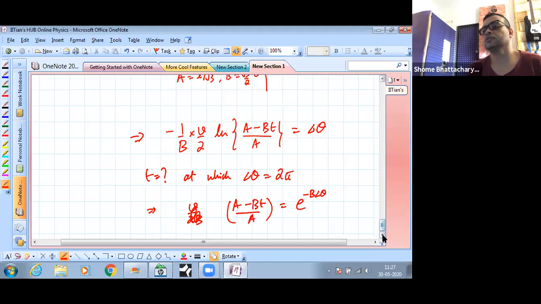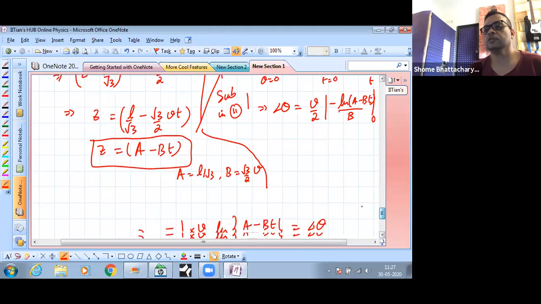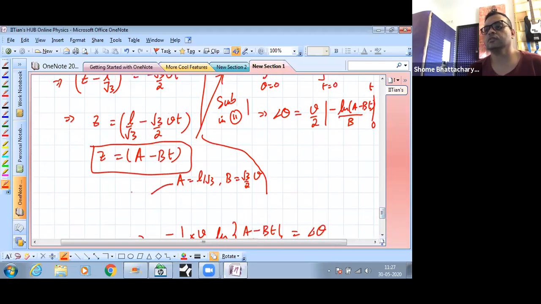Okay, so A by b we can check out from there what it was. A by b we will see is the total time of collision only. It will be 2L by 3v.